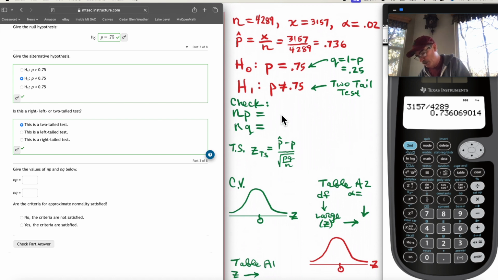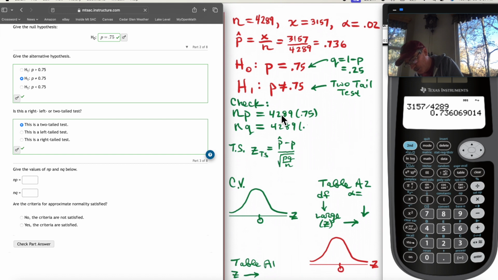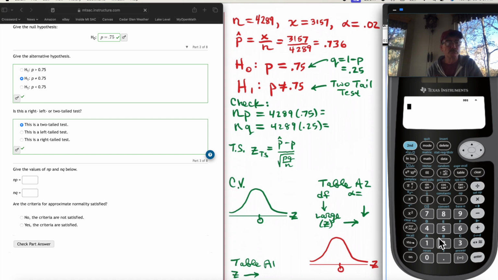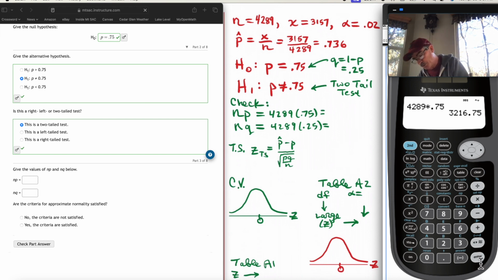N times P we need to do, so N is 4289 times P, that's 0.75, and NQ, 4289 times 0.25. Okay, so we'll run those. So 3216.75.